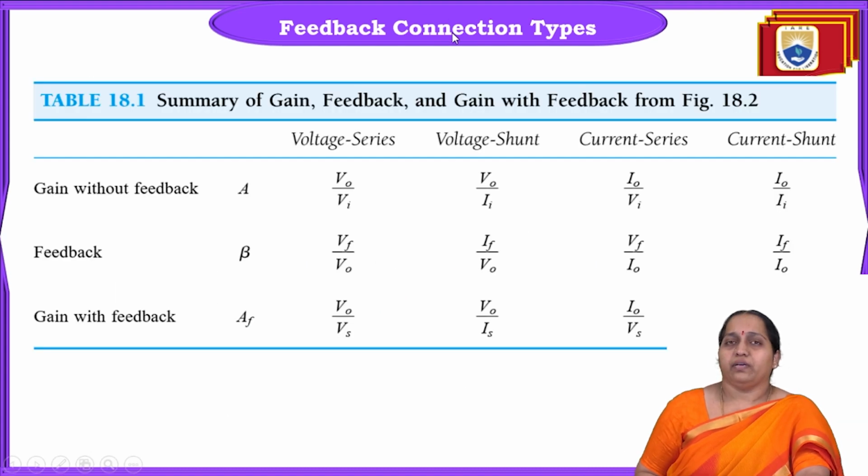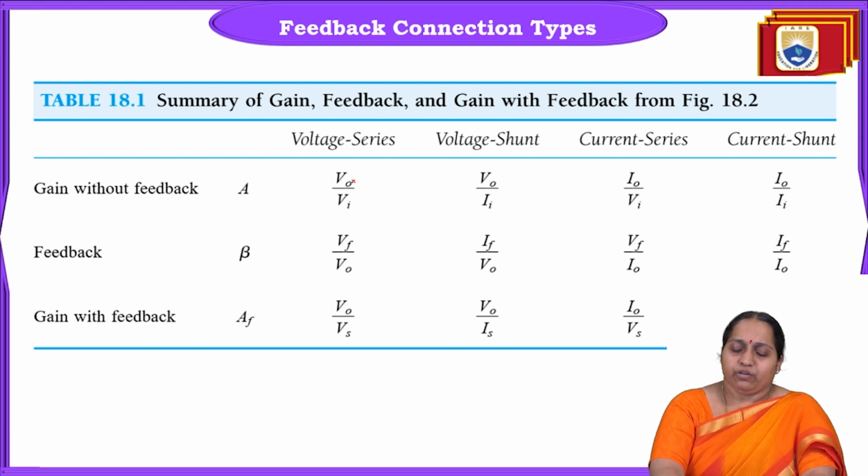Okay. Then we can just look at this summary table. So the gain without feedback in the case of voltage series is Vo by Vi. When you are seeing voltage series, the output voltage is Vo and the input voltage also is Vi.